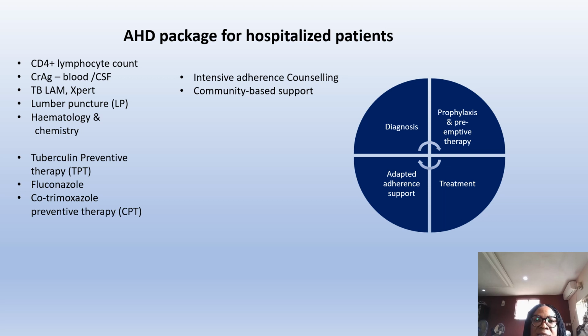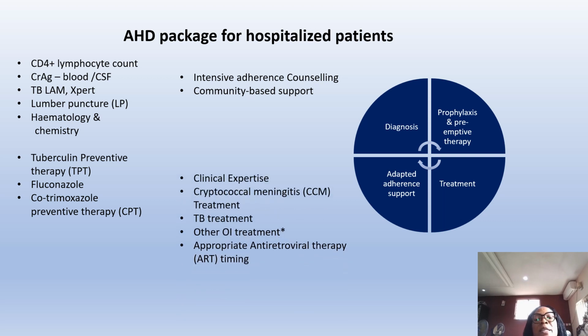People who have advanced HIV disease need intensive adherence counseling on medications so that they don't stop and start, because when drug resistance develops, it may be very difficult to combat. And of course, they need community support, social support from friends and family. Then the treatment of people with advanced HIV disease needs clinical expertise.